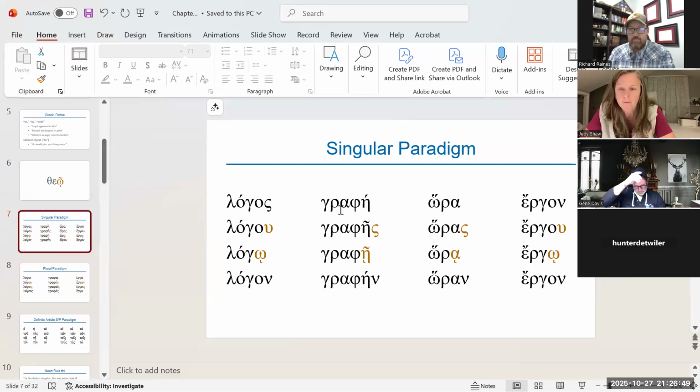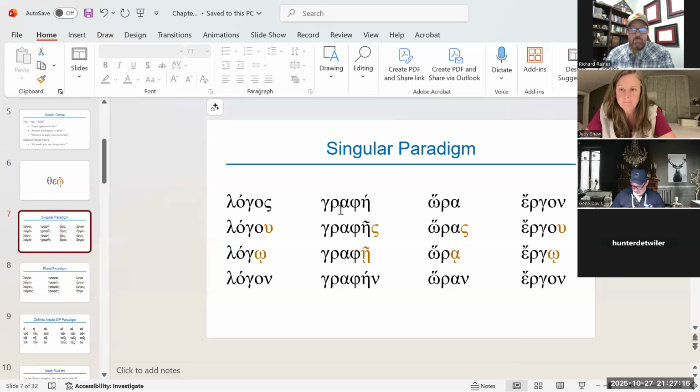Look at feminine and you see the eta. It's dative, singular. So it is feminine, dative, singular.